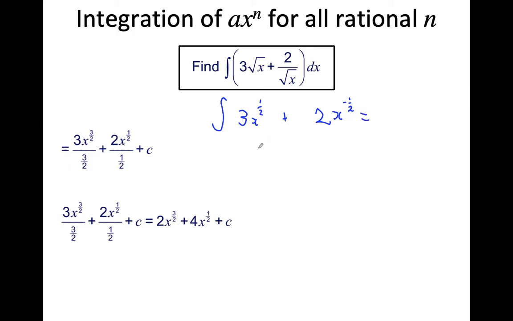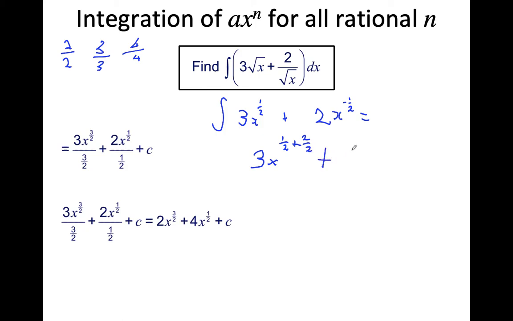The first thing you need to do is add 1 to the power. Now, this is a skill you need to know. If you have 2 over 2, that's 1. If you have 3 over 3, that's 1. 4 over 4, that's 1. So you need to analyse the denominator. The denominator is over 2. So we need to do 3x to the power of a half plus 2 over 2 because that is 1.